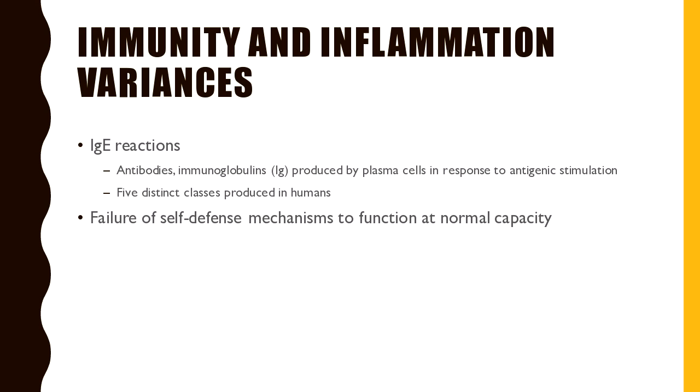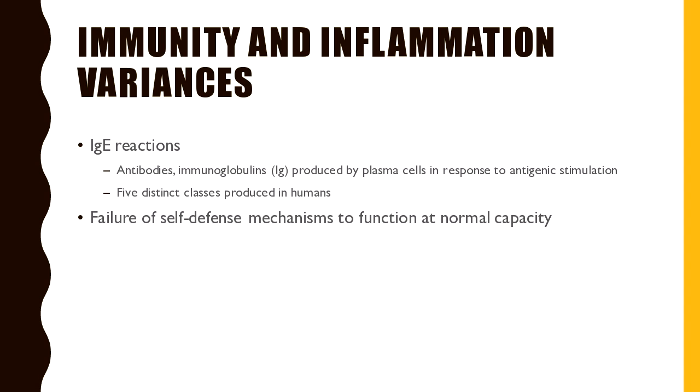So for these immunoglobulins, IgG means that it crosses a placental barrier and provides temporary immunity to neonates. IgG crosses a placental barrier and provides temporary immunity to neonates.